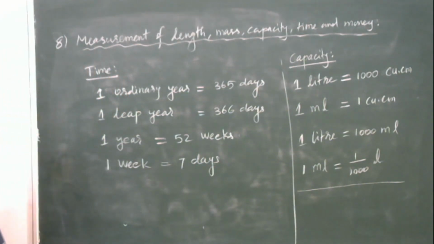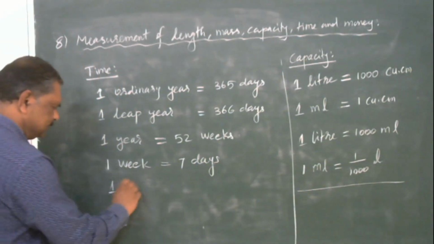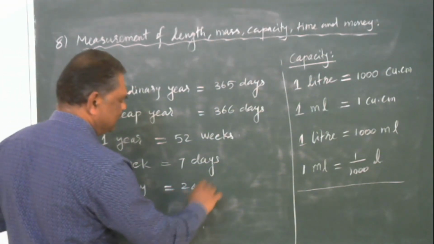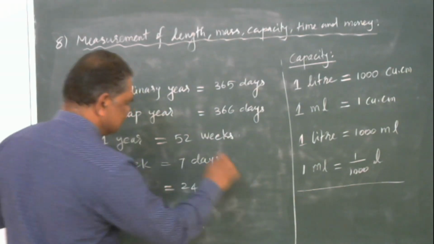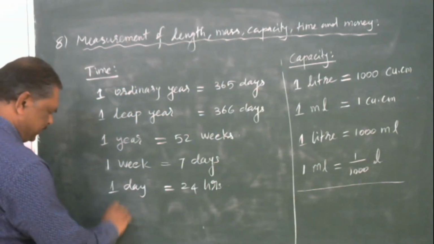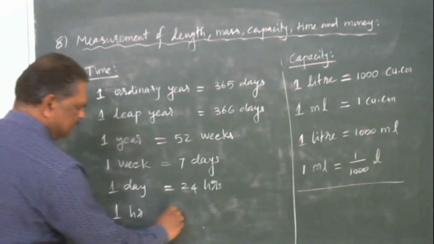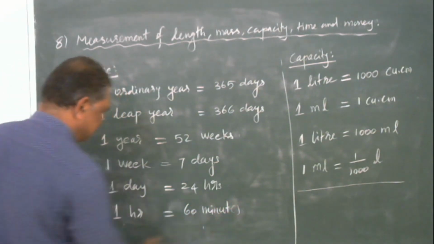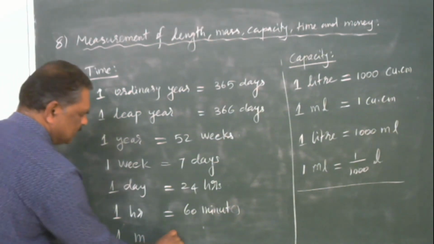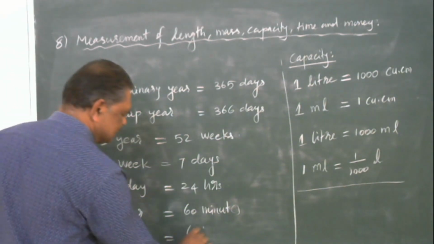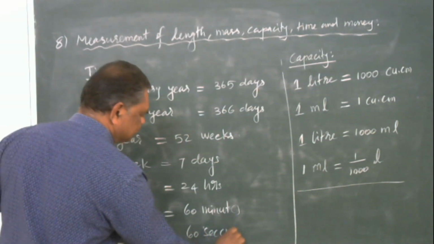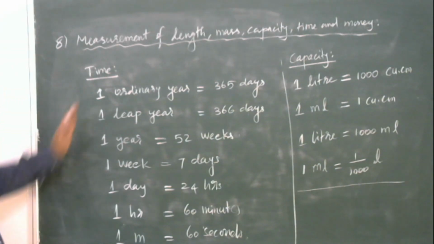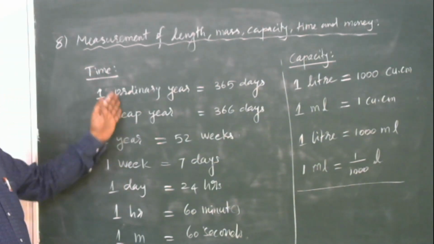And 1 day, how many hours? 24 hours. And 1 hour, how many minutes? 60 minutes. And 1 minute, how many seconds? 60 seconds. Clear? This is about time.